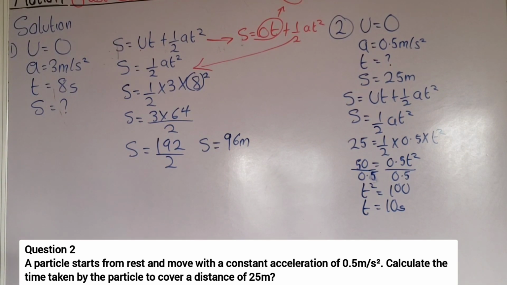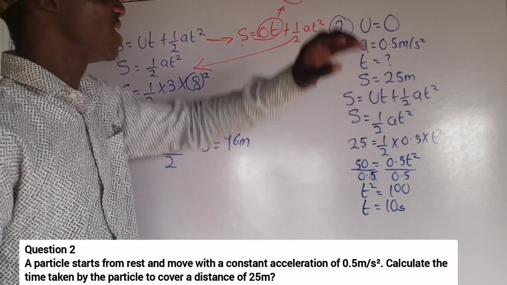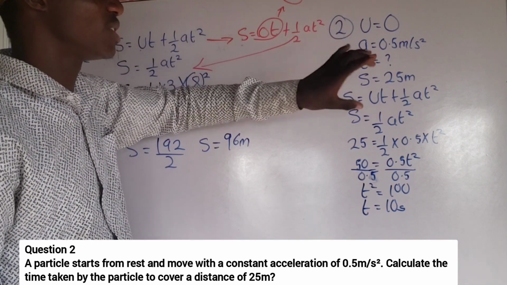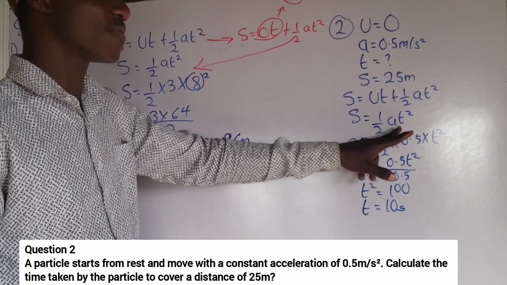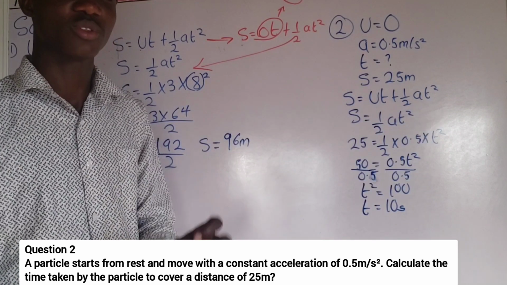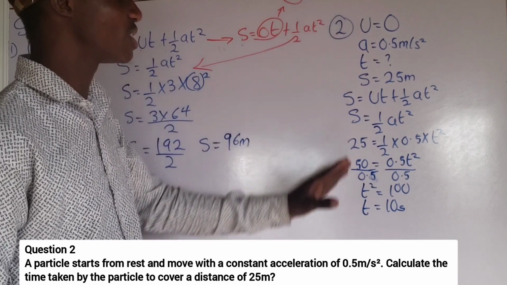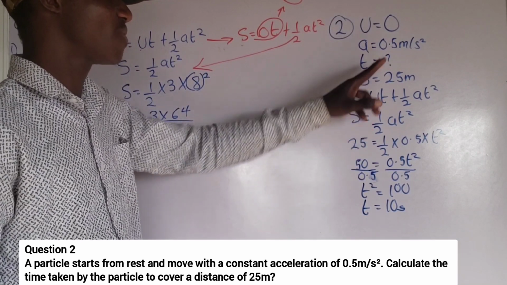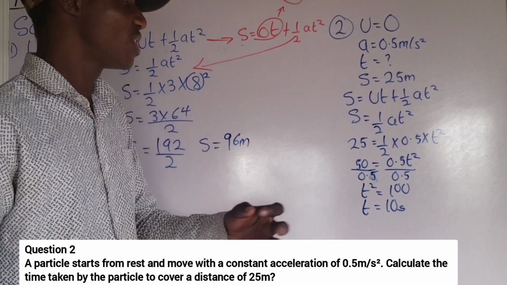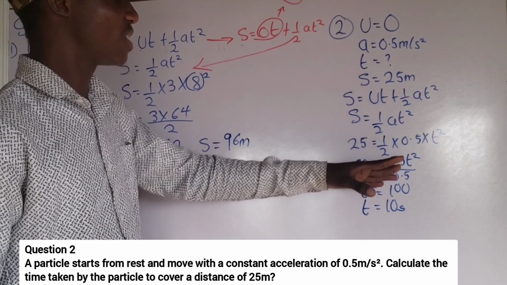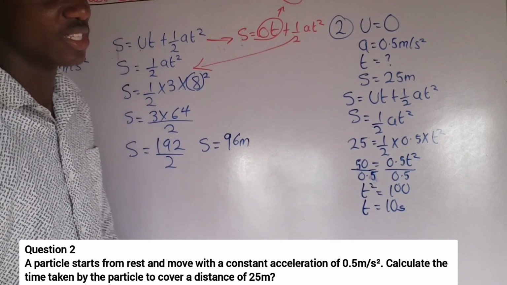Anytime you come across a question that says initial velocity is 0 and you are using this equation, it becomes s equals half at squared, because the product of 0 and t is 0. So I substitute the parameters: s is 25, a is 0.5, t is what we are looking for. Then I make t the subject of the formula, and I get 10 seconds. That is the value of t.